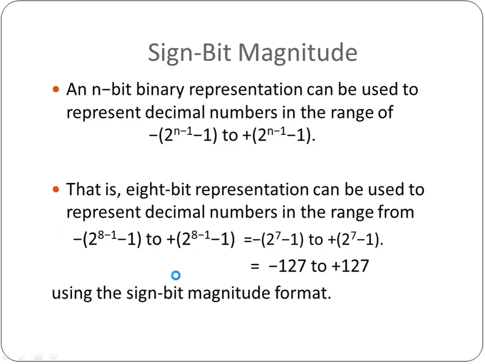So for 8-bit representation, 2 raised to 8 minus 1, 8 is the total bits. 8 minus 1 means 2 raised to 7, minus 1, plus again 2 raised to 7, minus 1. So we can represent numbers between plus 127 to minus 127.